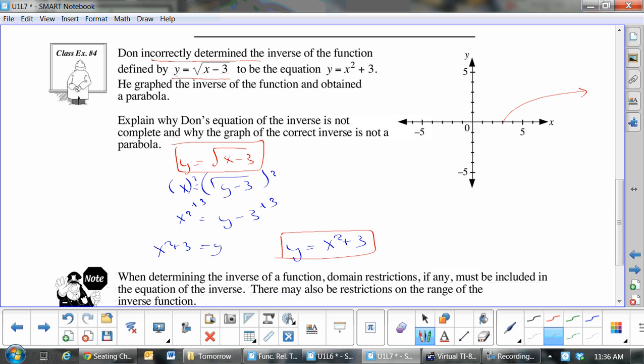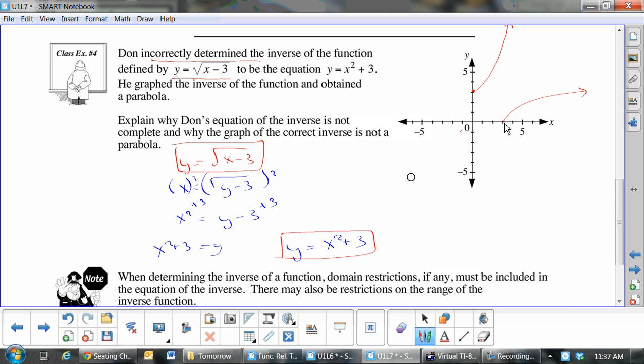Does anybody visualize what the reflection or inverse should look like? Where's it starting from? This one starts at (3, 0). The other one should start at (0, 3). Picture the mirror here. So it should sort of go like this, right?